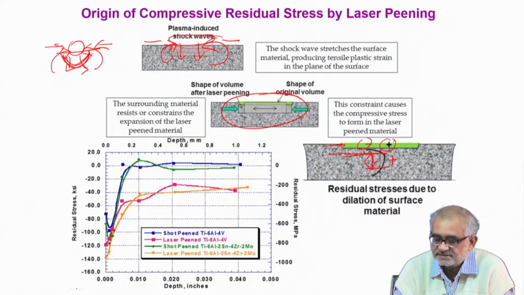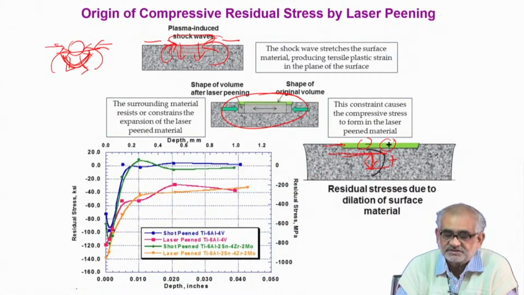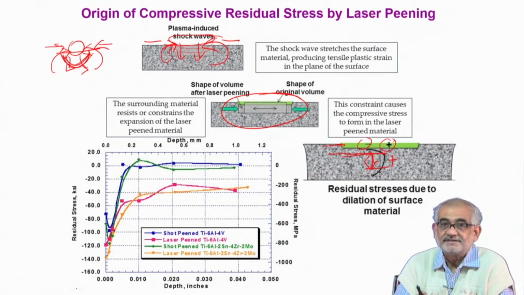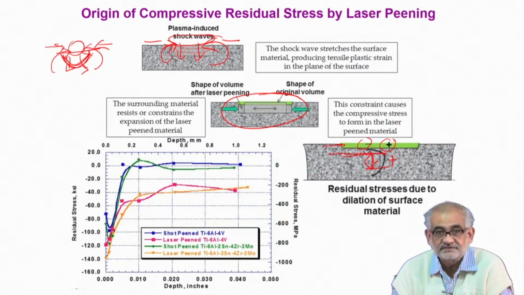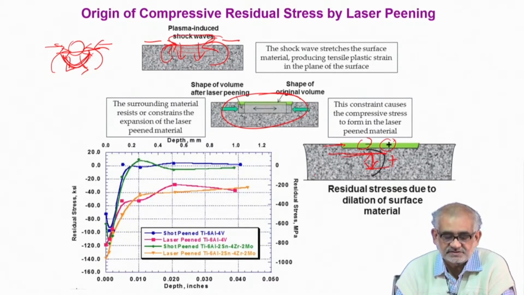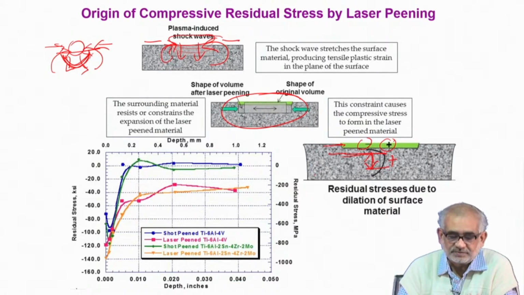But again, on the other side, if this side is also treated, it will also develop a negative state of stress. So that means a sheet of finite thickness can develop a state of stress which is compressive in nature onto the surface, where the core may still be in a relatively tensile state of stress, which is certainly not going to make any difference.